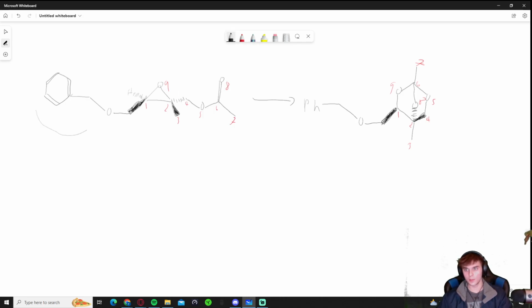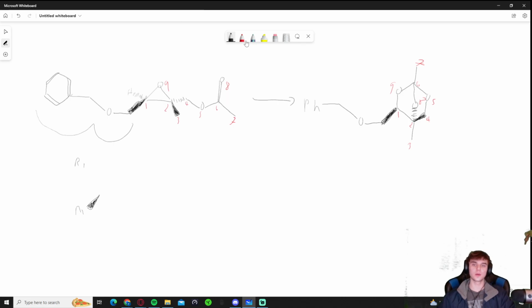So we're just going to label this as R1, so I don't have to redraw it every time. So it goes R1, solid wedge, now we're going to draw it in an interesting way.